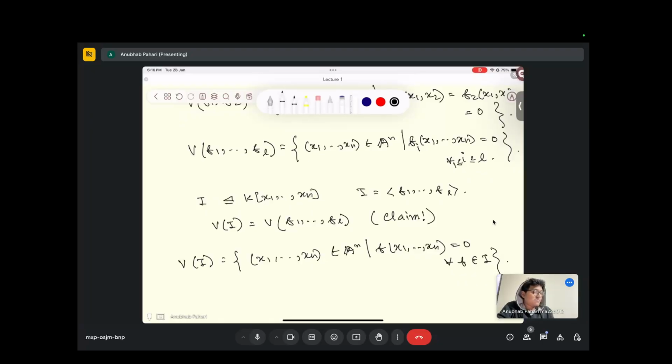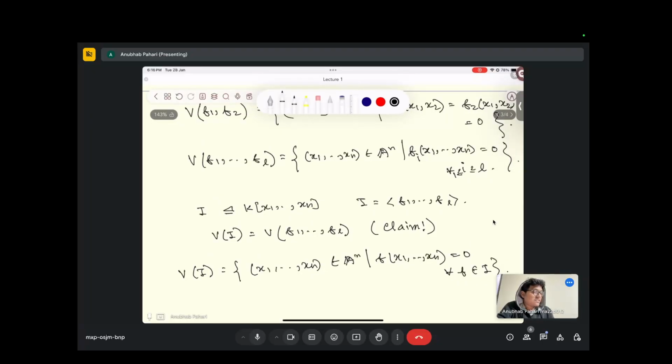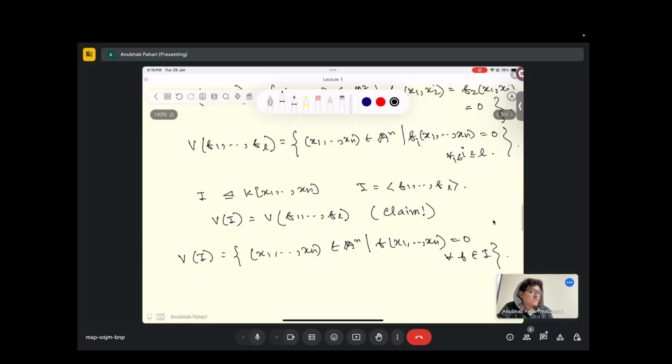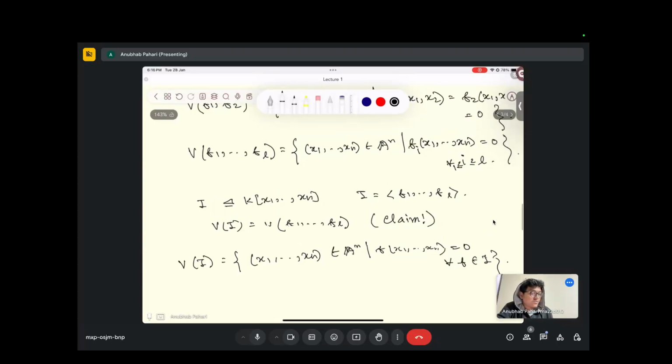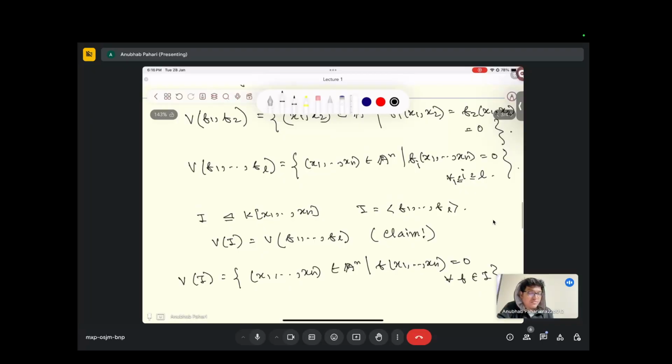So I'm claiming these to be equal, but by definition we can see that this equality is not obvious at all. They are not equal, right? Because there you are only checking over finitely many polynomials, but here you are checking over all the polynomials inside I. So can anyone tell me how they are equal? If not, it is fine.